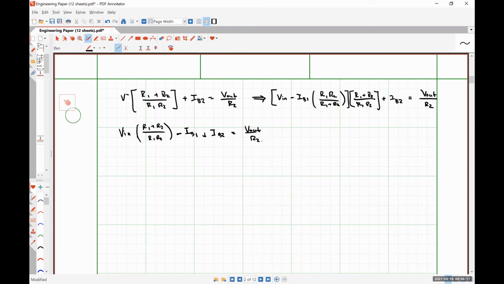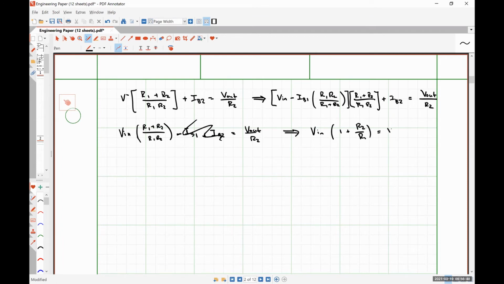So if our input bias currents are comparable, which they should be, because they're both based on a BJT technology fabricated on the exact same chip, these guys effectively go away, and I'm left with, if I multiply both sides by R2, R1 plus R2 over R1, which simplifies to Vn times 1 plus R2 over R1 is equal to V out.